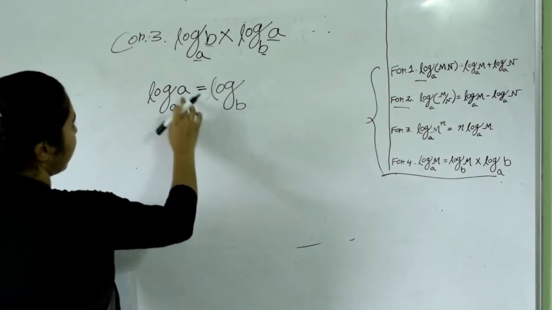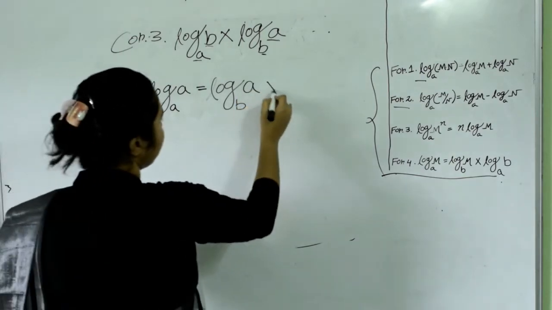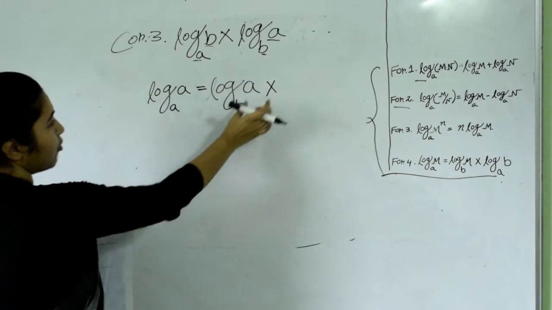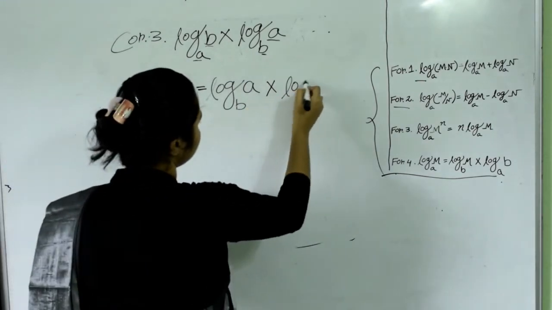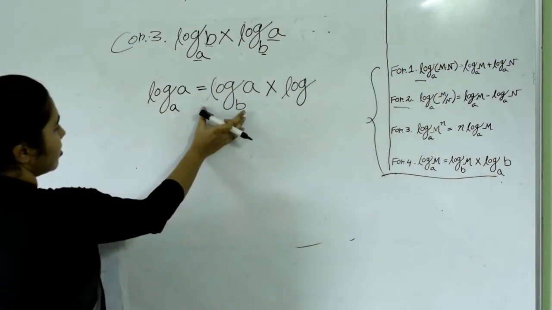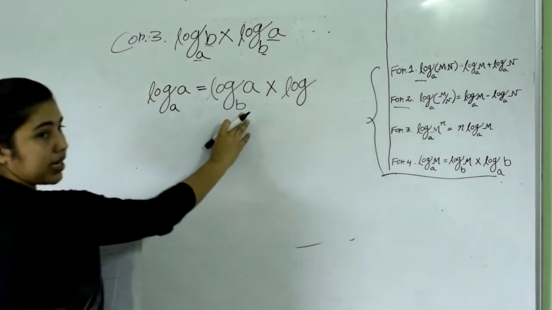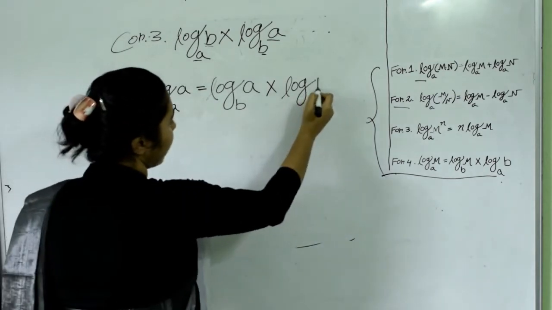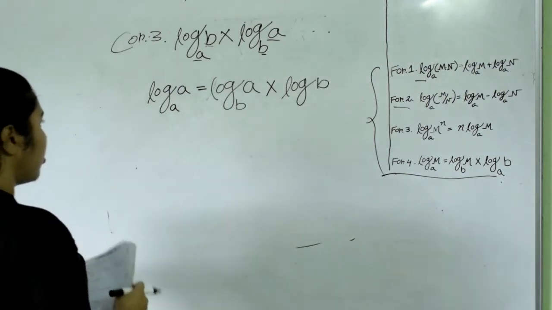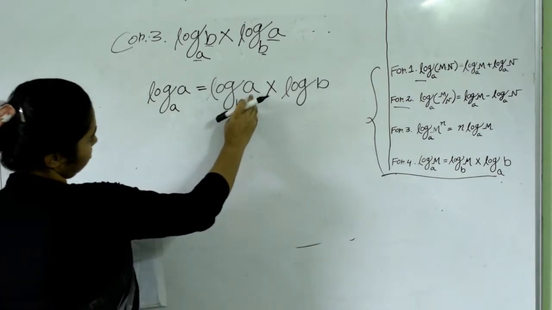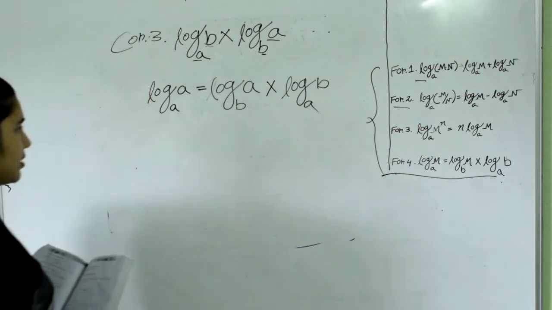So write here b, and the value is a, value remains same, into, we have to multiply one more term to adjust these two values. So log, what we have taken as base b, take that as the value, and what we have as value here, a, take a as base.